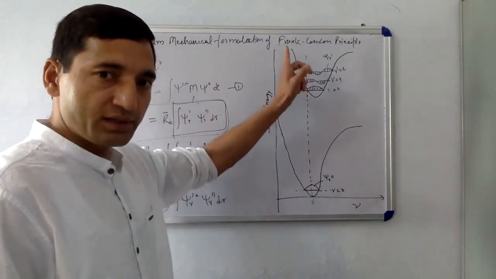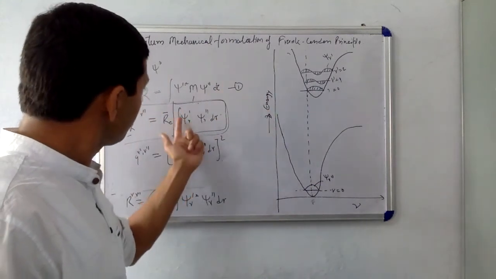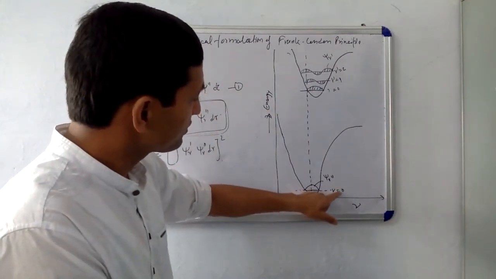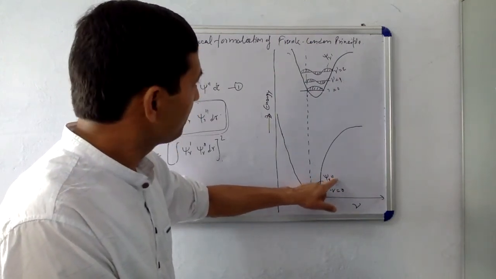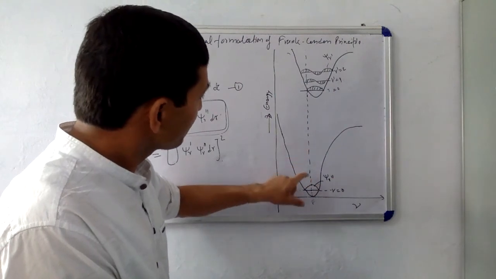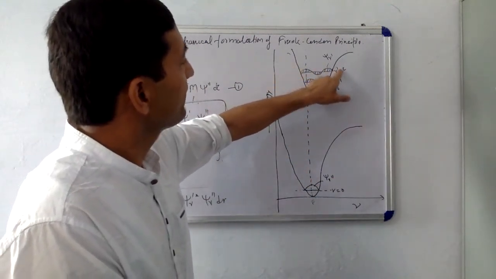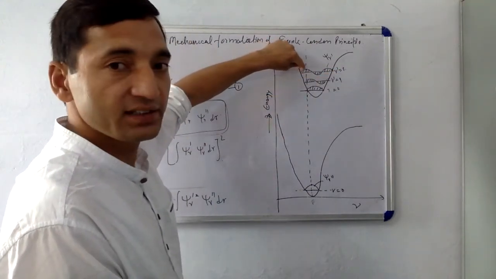is taking place vertically, if I take the product of this function, the overlap of this function, I will get that corresponding to ν'' = 0 having the maximum overlap with ν' = 2, because the maximum value of this wave function is here.